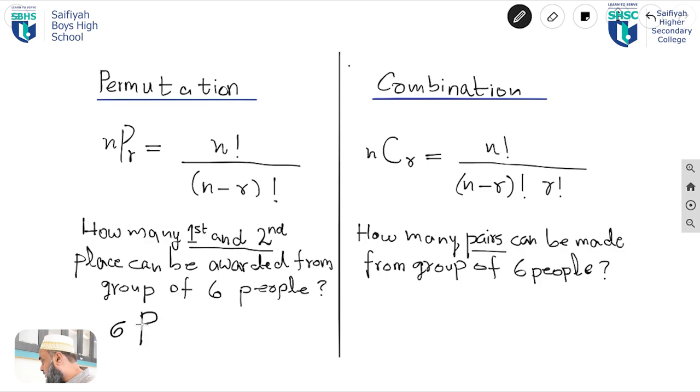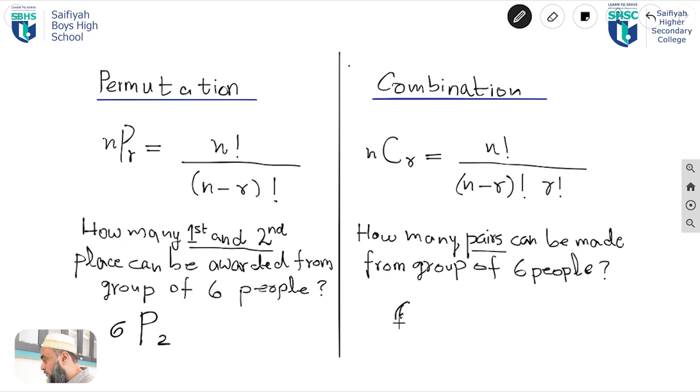In pairs, the pairing can be in any order. So therefore, this is a problem related to combination. So let's find out the answer for permutation, that is, how many first and second places can be awarded from a group of 6 people.